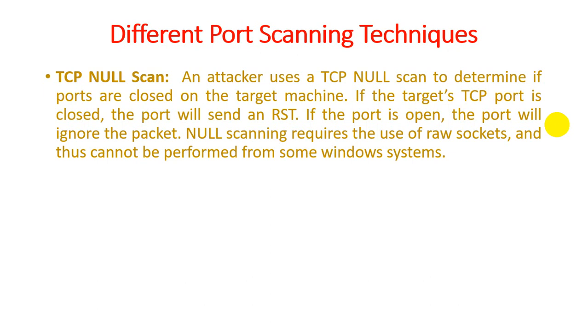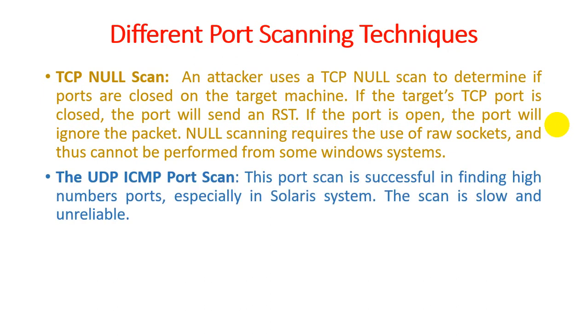A null scan requires raw sockets through which open ports can be found, and thus cannot be performed from some Windows systems, because every Windows system has its own firewall as well as its own security patches. They do not allow those kinds of null scans through which a hacker can use port scanning techniques.